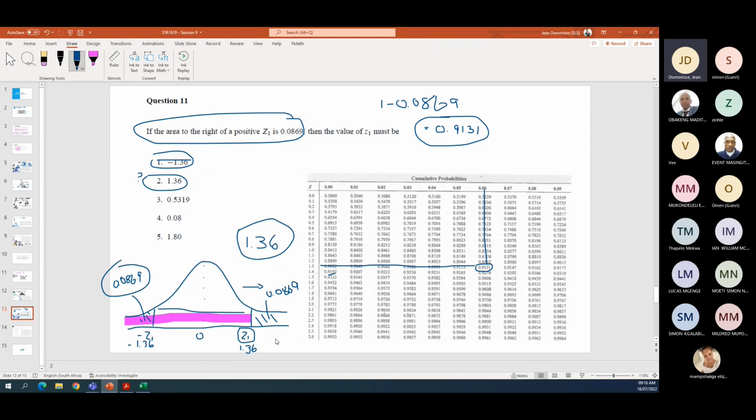And either or, whichever works the best for you. I think the one that you're most comfortable with is the one that you need to work with. So if you're more comfortable working with the positive Z table, then work with it. Again, use the one that suits you best. Okay, questions on that?